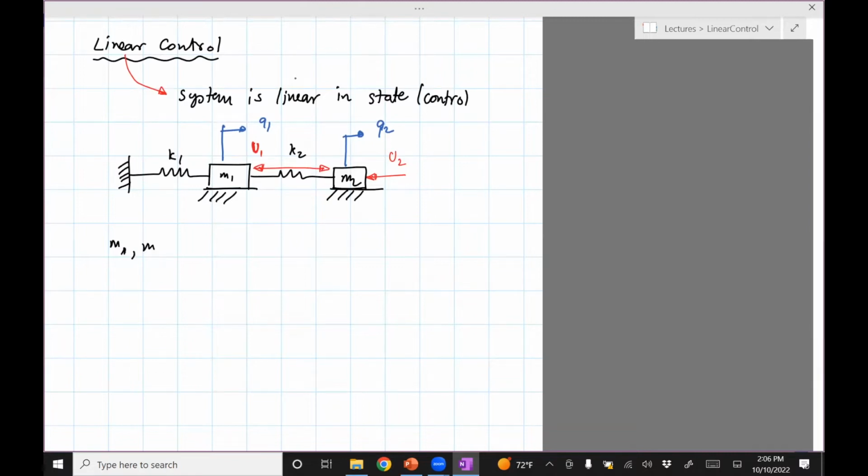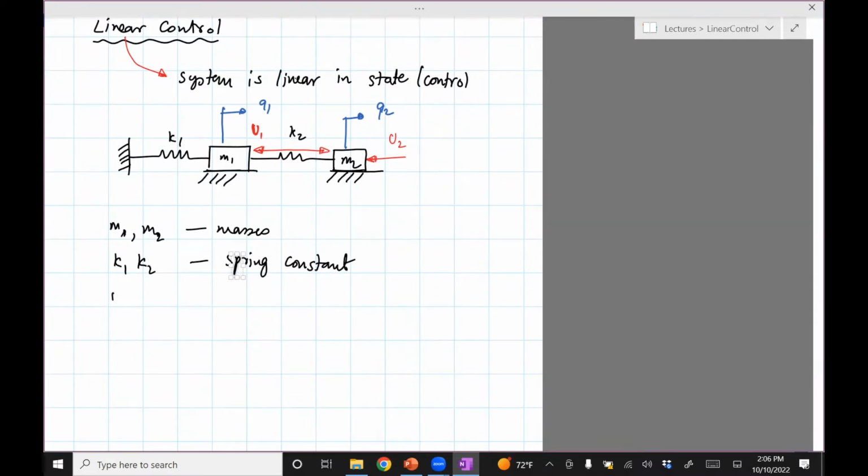M1, M2 are masses, K1, K2 are spring constants, U1, U2 are controls. In this case, they are going to be forces. And Q1, Q2 are mass displacement.